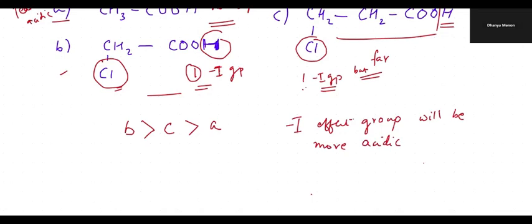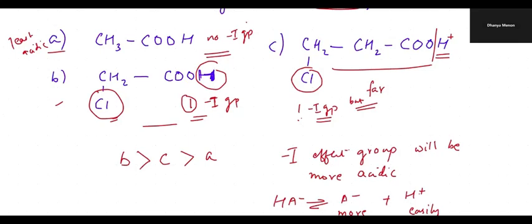Why? Because the conjugate ion A minus is more stable and it will remove the H plus ions from the acid more easily. I hope I'm clear.